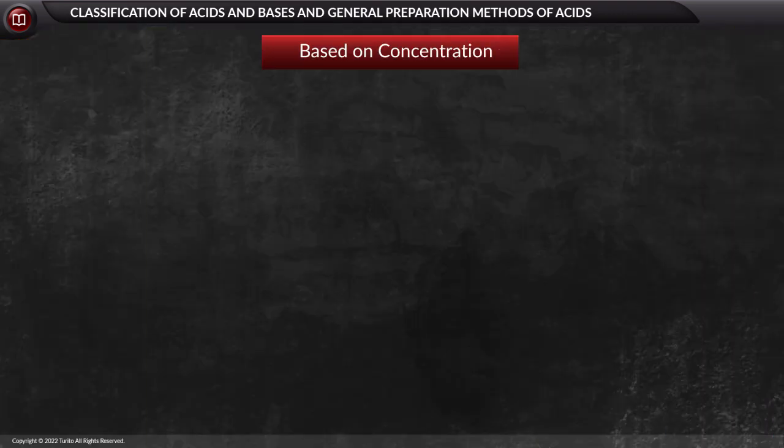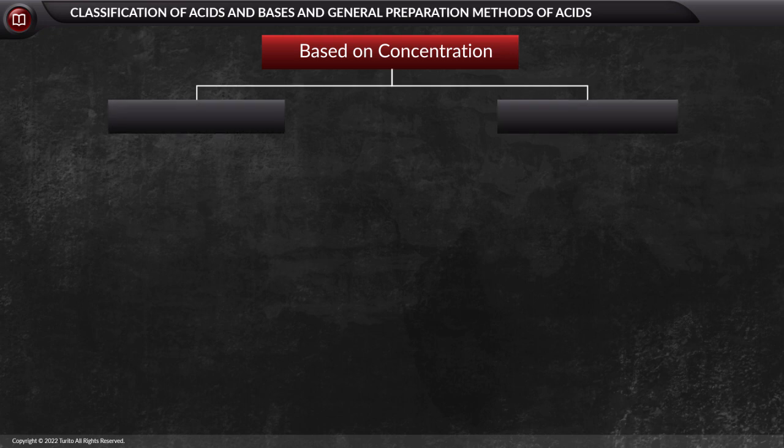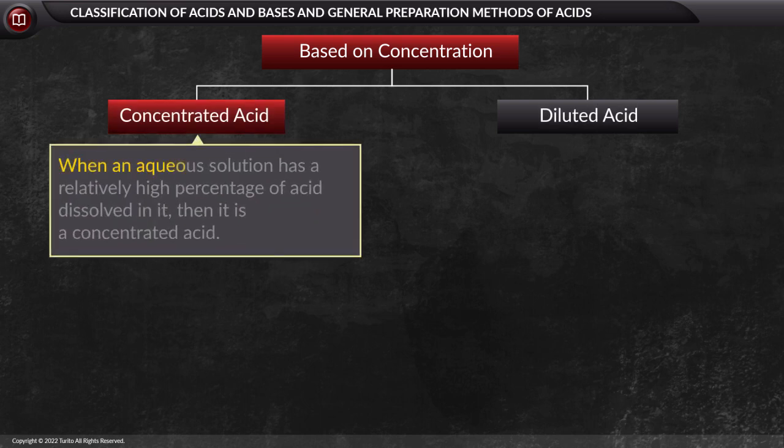Next is a classification based on its concentration. It is classified based on the concentration of the acid in water. Based on this, the acid is classified as concentrated acid. When an aqueous solution has a relatively high percentage of acid dissolved in it, then it is a concentrated acid.